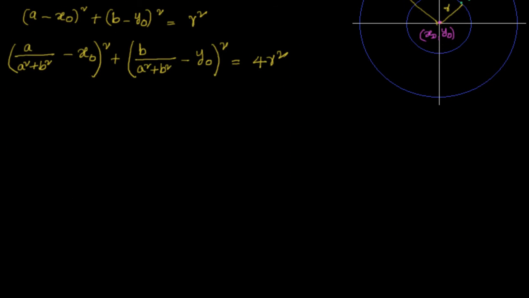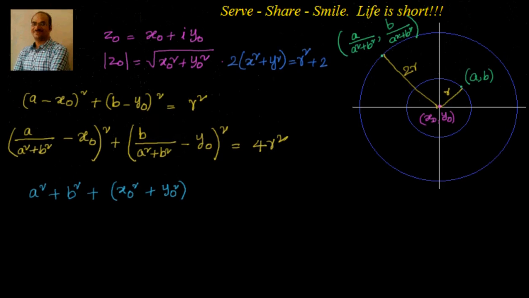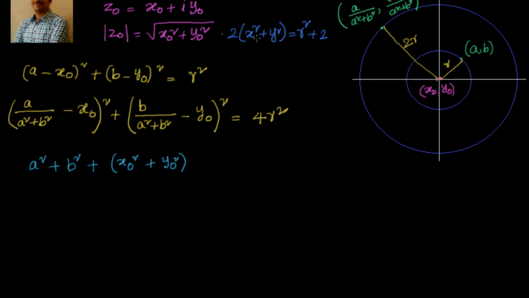My next step will be working on the first one. I have a square plus b square plus x naught square plus y naught square. If you observe, I am separating a square plus b square and x naught square plus y naught square because we have a condition value for x naught square plus y naught square.